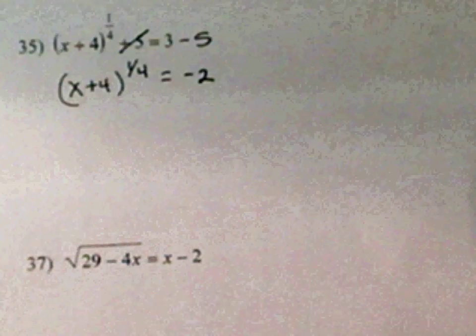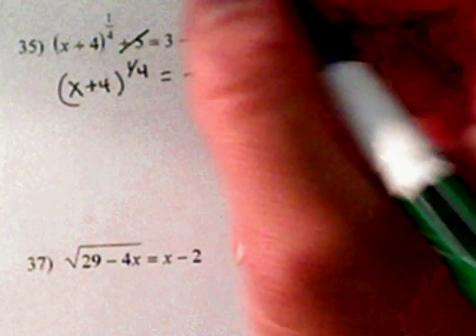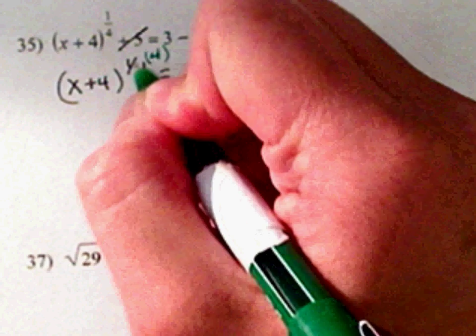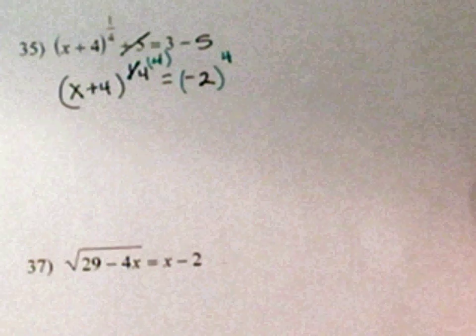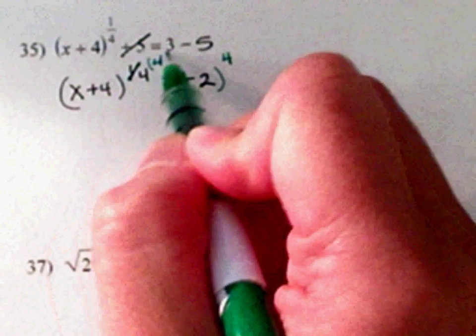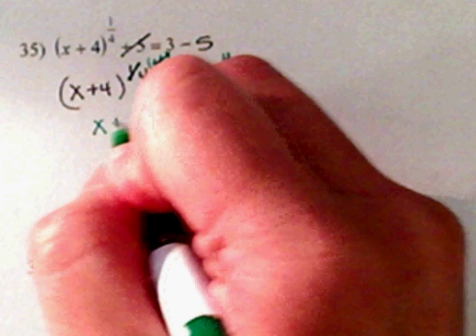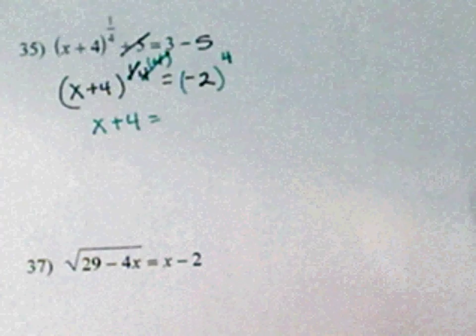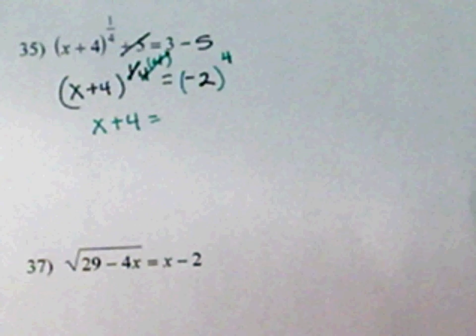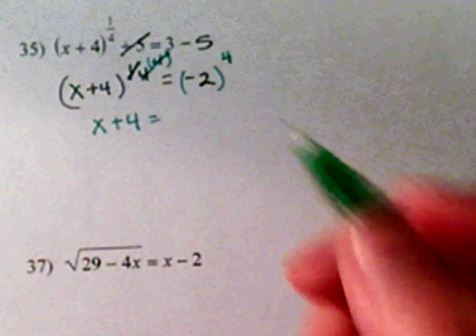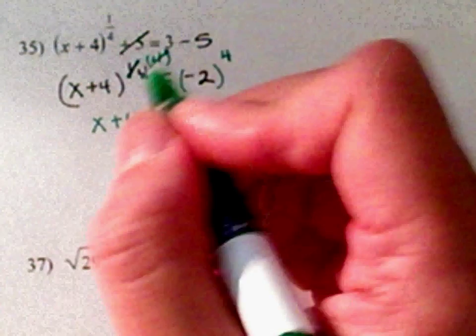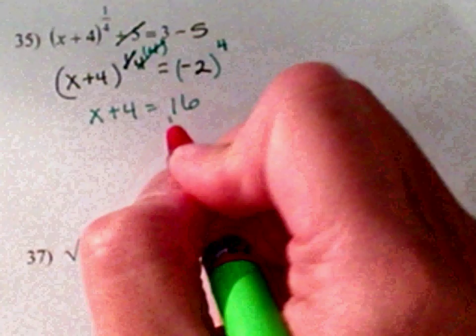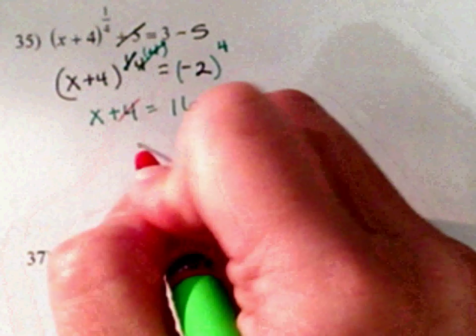So to get rid of it, I'm going to raise both sides to the 4th power. What you do to one side, you do to the other side. So these guys cancel out. So you got x plus 4 is equal to negative 2 raised to the 4th power, which is positive 16. Okay? Subtract 4. So x is equal to 12.